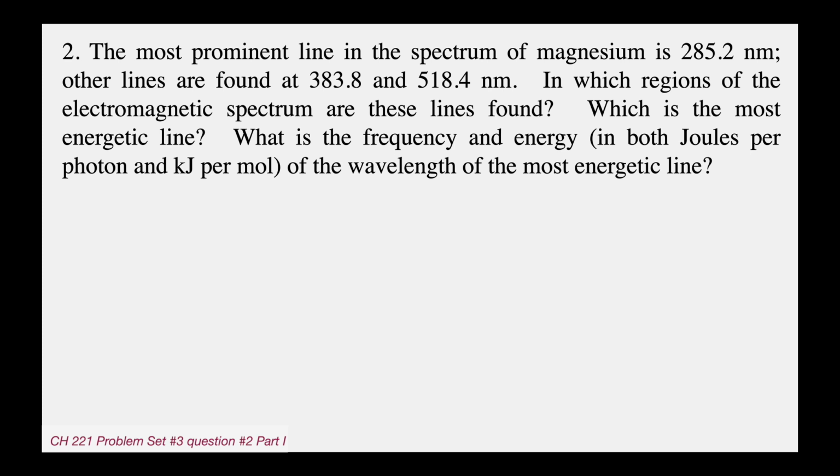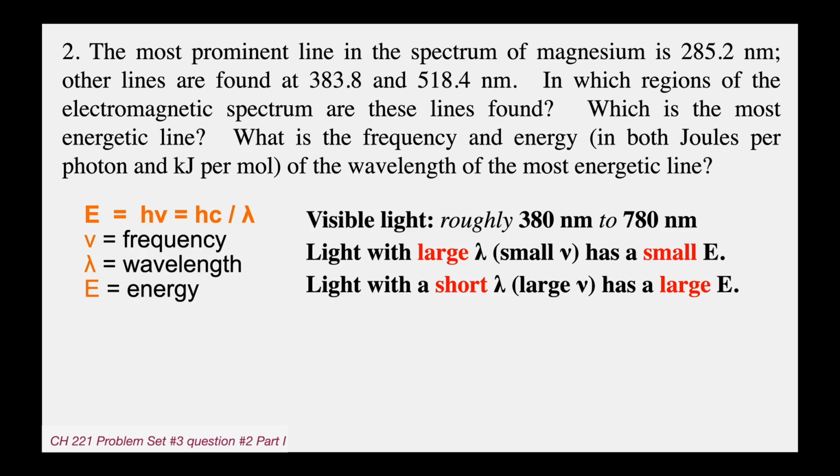If you look back in that table, 285 is more likely ultraviolet. 383 and 518 are arguably visible. 383 is right on the edge of ultraviolet and visible, so if you said ultraviolet, it's not a big deal. Visible light is roughly 380 to 780, so that's why I would think the 383 and the 518 are probably visible.